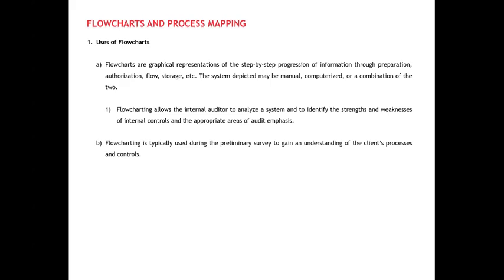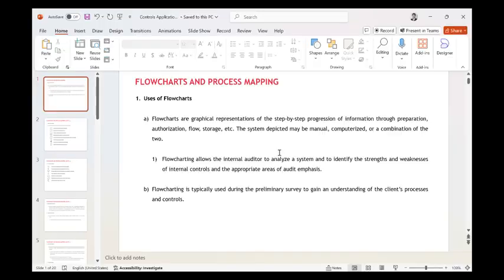So a flowchart is a graphical representation, and it allows the internal auditor to understand the process. If you flowchart a process, it allows the internal auditor to understand a series of activities and also to identify what internal controls are there and analyze whether sufficient internal controls are there in that process.